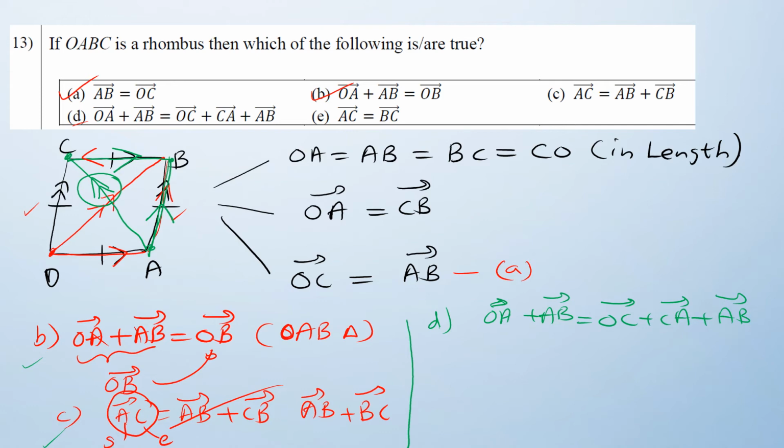In that equation, we have to get the summation of these two. Then we have the common point as A, not an issue. We have considered the two vectors in the same order. So the addition will be from O to B.